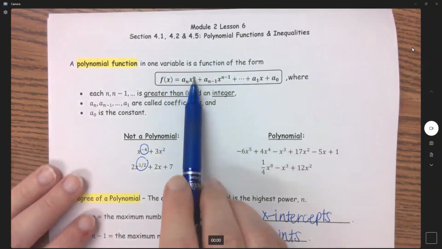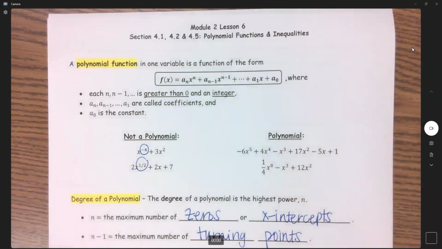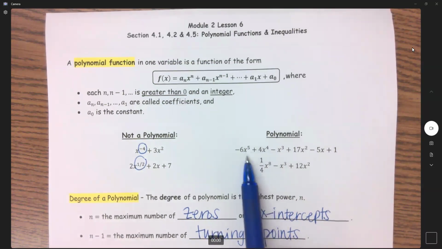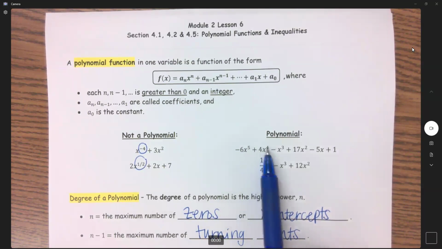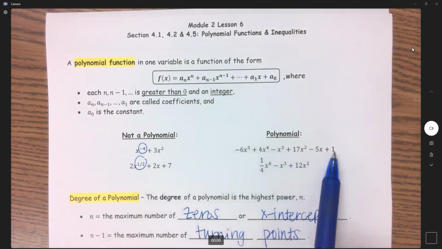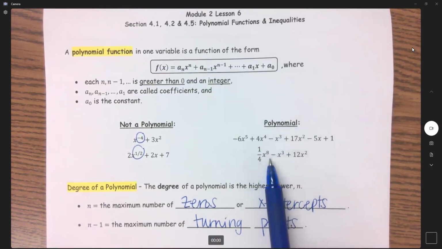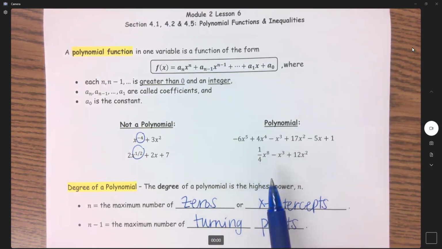And notice how it says n minus 1 all the way down to x and no x. What that means is those exponents need to be in descending order. So you always want to start with the highest exponent. We have x to the 5th, then it goes down to x to the 4th, x cubed, x squared, x, no x. Same thing here. It goes x to the 8th, but then I have no x to the 7th, 6th, 5th, or 4th.